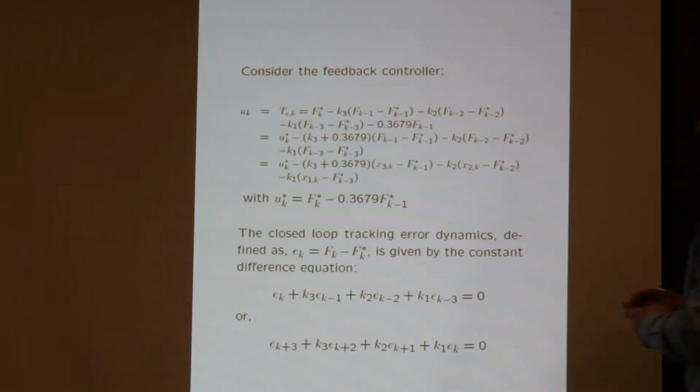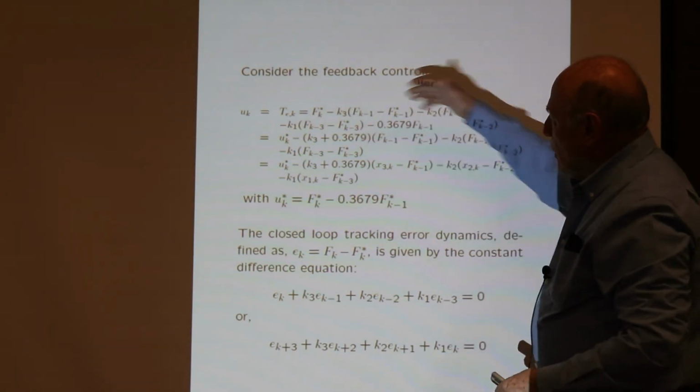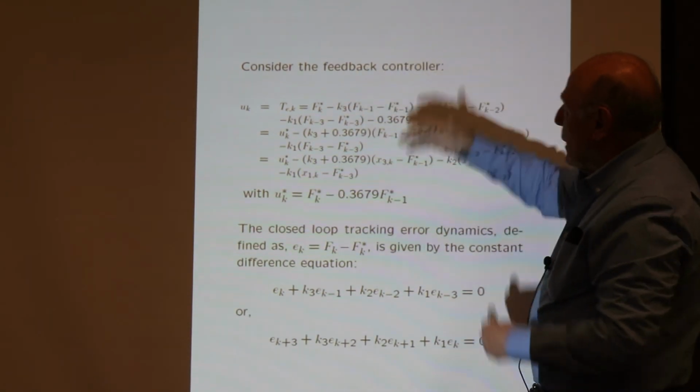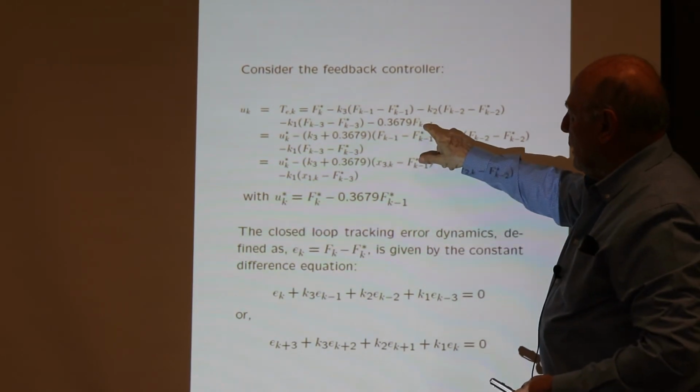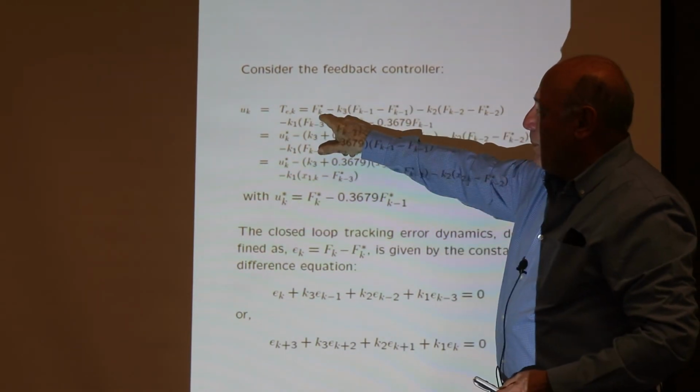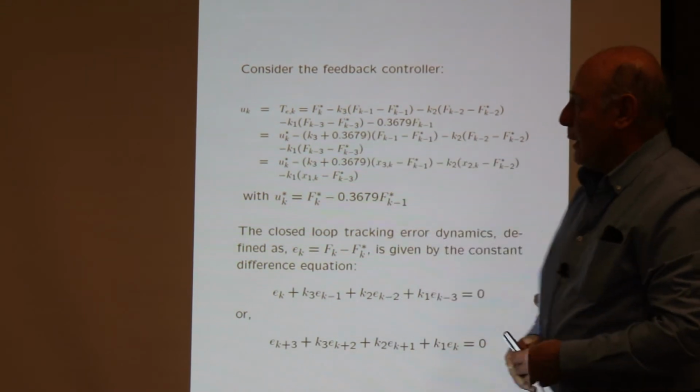So you're doing, causally, a linear combination of the tracking errors in time, canceling the dynamics of the flat output, and precompensating with the nominal value of the flat output.